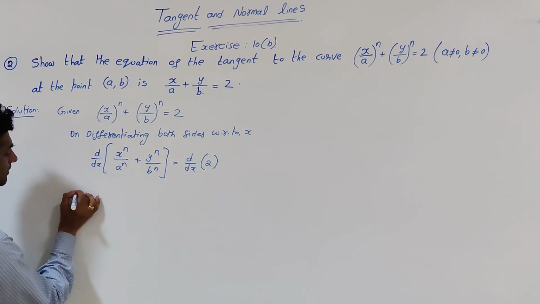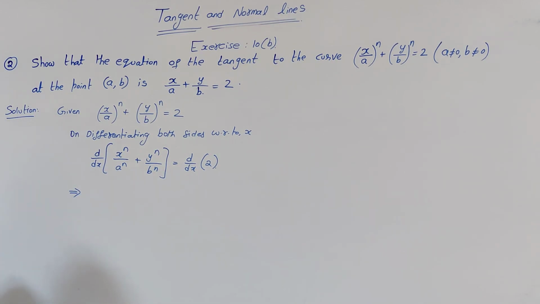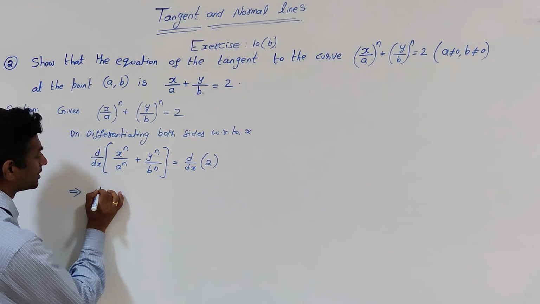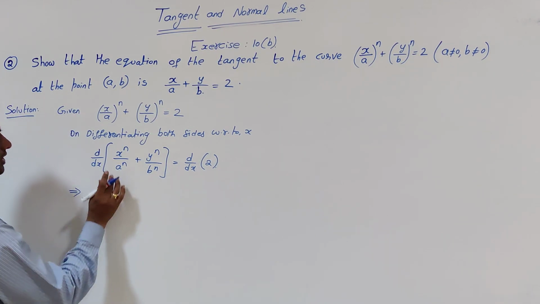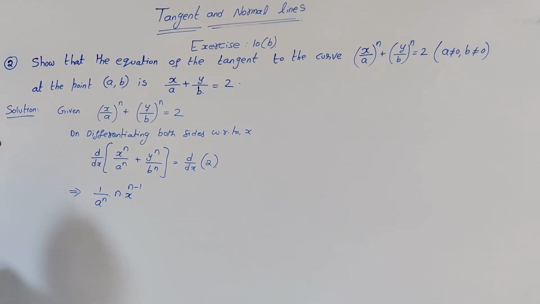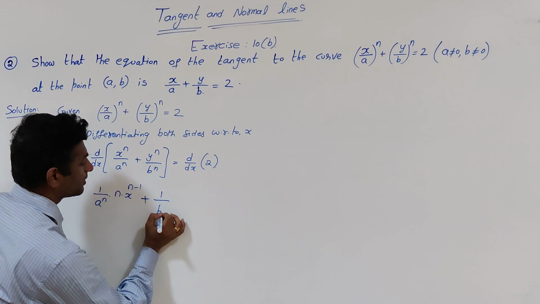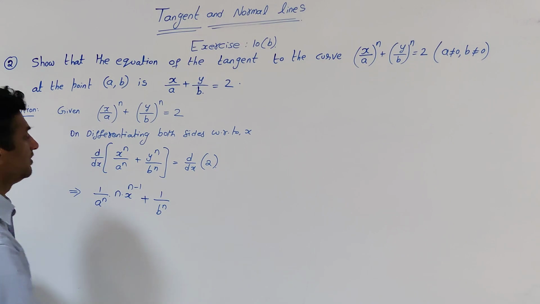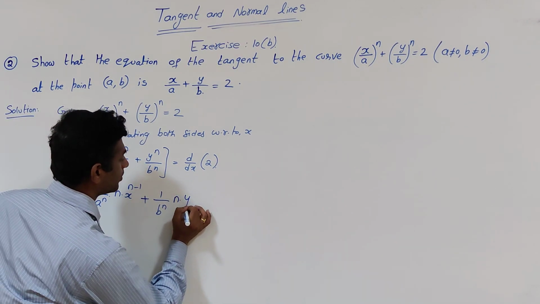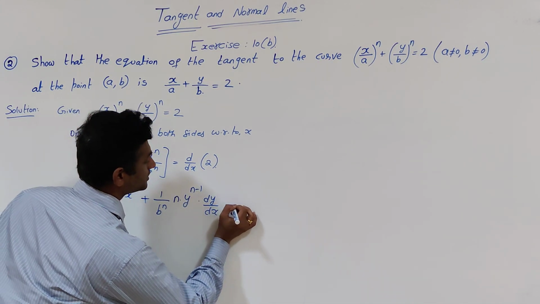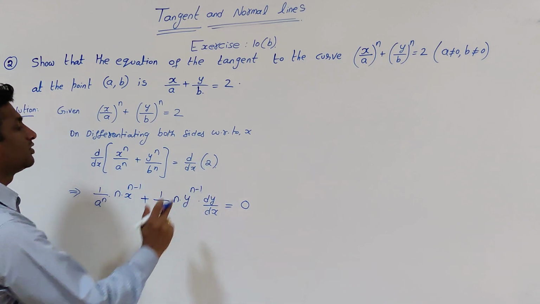Now apply the sum rule. So the derivative of x^n/a^n: 1 by a to the power of n is constant, and the derivative of x to the power of n is n into x to the power of n minus 1. Plus 1 by b to the power of n is constant, and the derivative of y to the power of n with respect to x will be n into y to the power of n minus 1 into dy by dx, is equal to 0, as the derivative of a constant is 0.